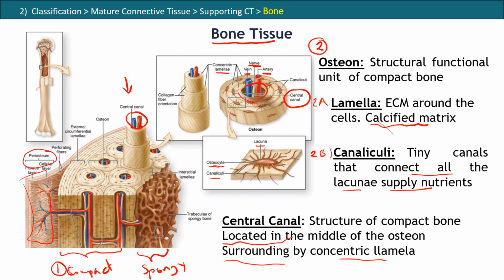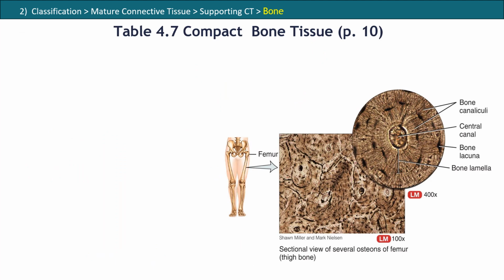Okay, with this information, I know it is very basic. We can keep talking about the different sections of the bone. So here you can see one of the most famous bones, that is the femur. In your textbook, now I want to show you a picture of several osteons of the femur.